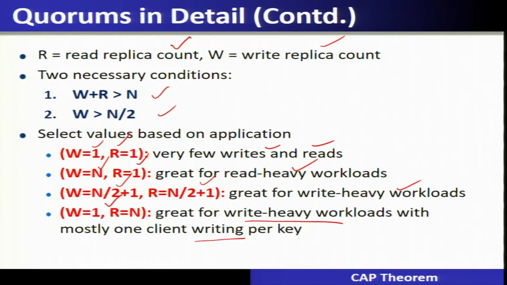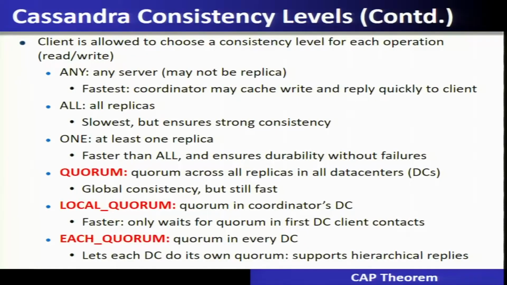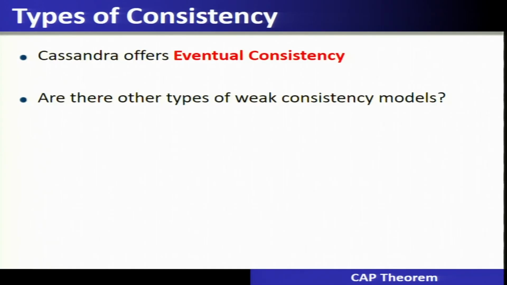These are all design issues which are needed to support IoT applications. So, Cassandra consistency levels: Cassandra allows us to choose these consistency levels, some of which we have already stated, such as quorum, local quorum and each quorum. The type of consistency which Cassandra offers is called eventual consistency.